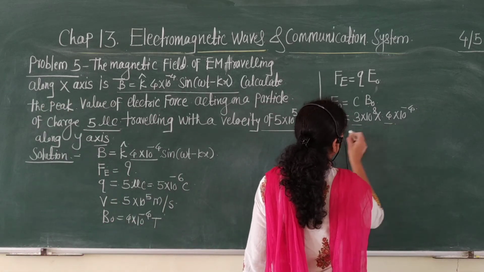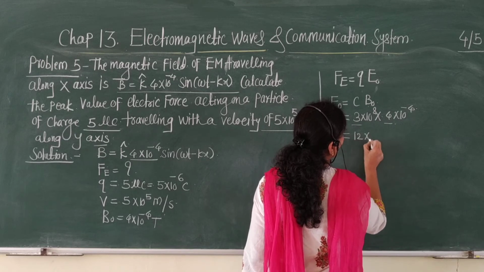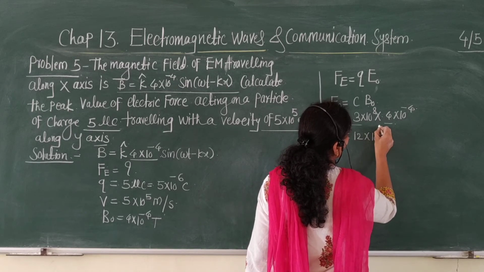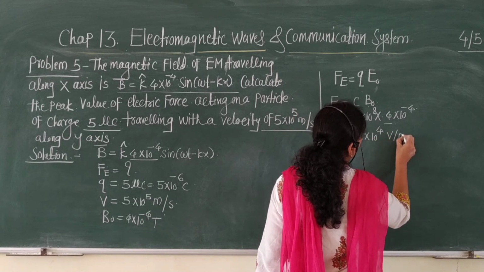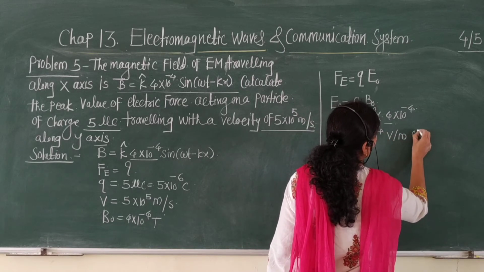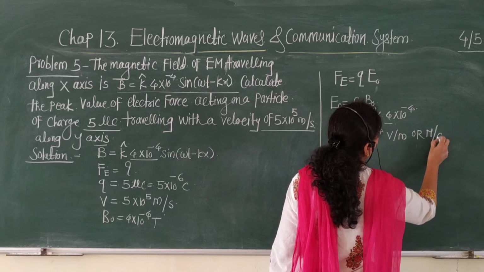Therefore, 3 into 4 is 12, into 10 raised to 4 volt per meter or Newton per coulomb.